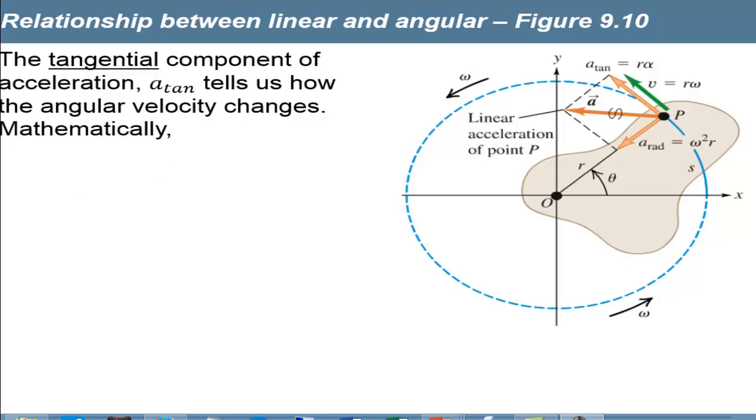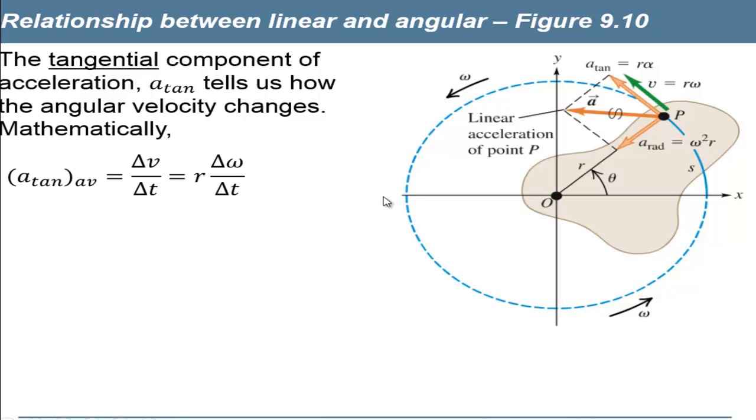So if we want to do this mathematically, we can say that our average tangential acceleration is the change in velocity divided by a change in time.